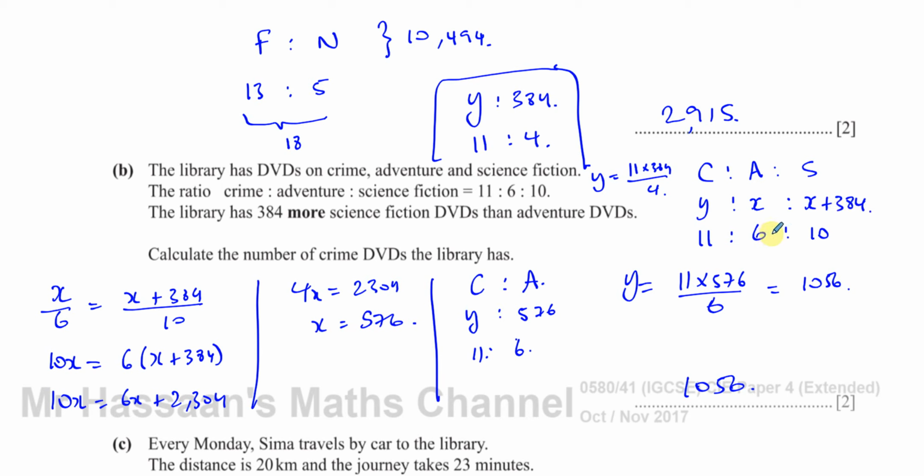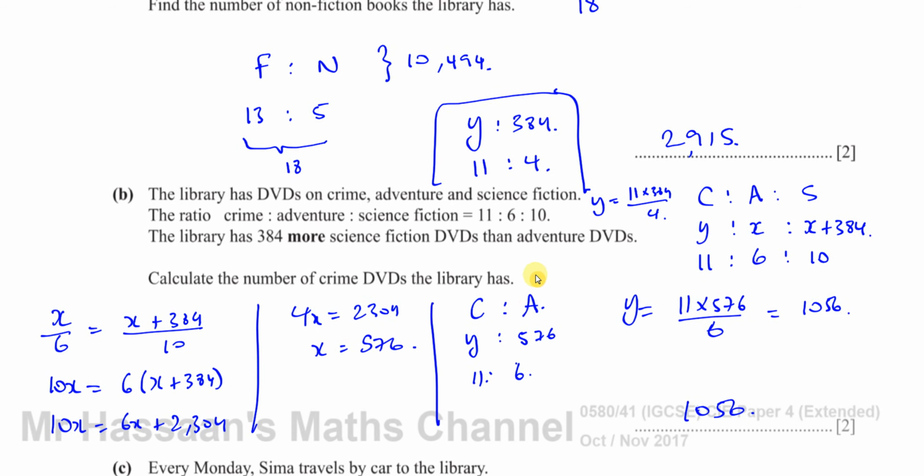That means 4 parts must be 384 DVDs. And we need 11 parts. So we can make a proportion in that way as well. Both ways would work. This is a bit of a quicker way of doing it, maybe not so understandable as the first way. The first way is a bit longer, but those are 2 alternative methods of solving part B.